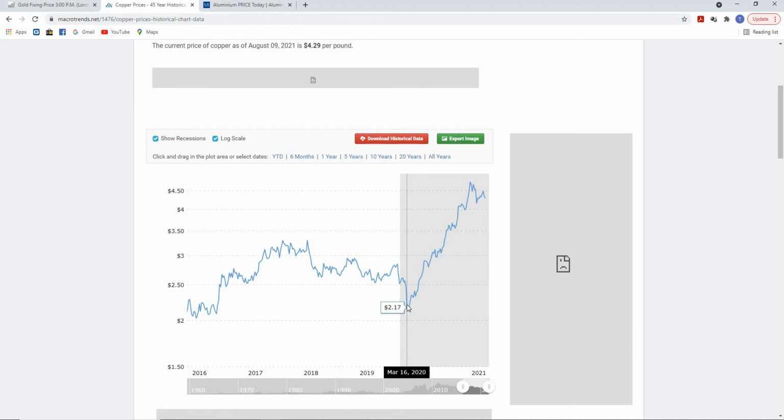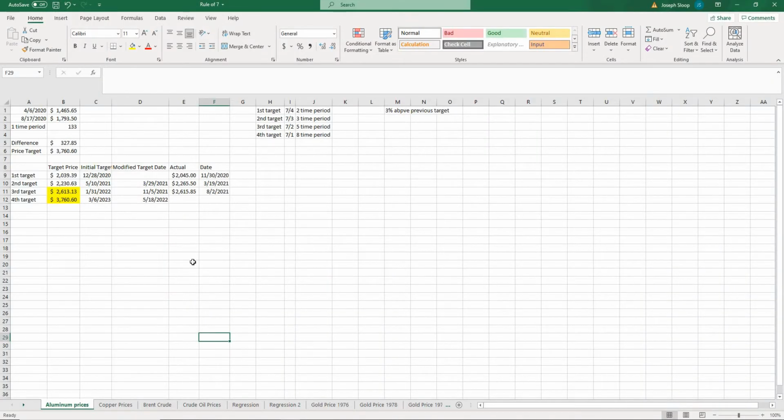Okay? So in this case, the difference between the low of copper's price, which is $2.17, and its first peak of $2.90 is 73 cents. So if you take 73 cents and multiply it by 7, then according to the rule of 7, you add that to the low price of copper, and that's going to give you copper's potential peak when it does peak in the bull market.